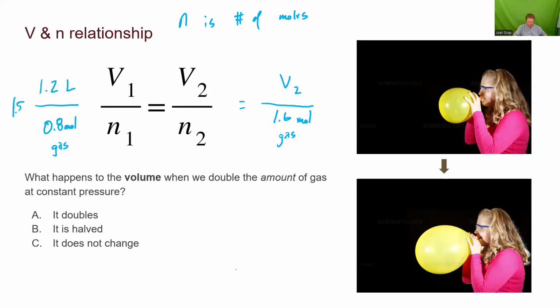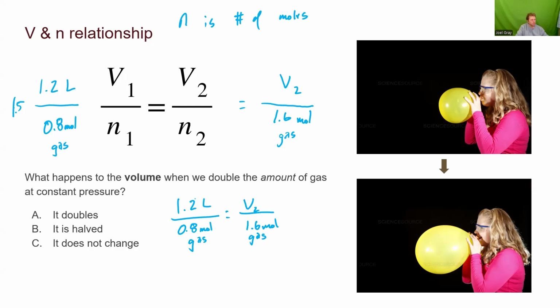So does everyone follow what I did there with the math? Let me actually rewrite this and give myself a little bit more space. 1.2 liters. This is, again, just the volume that I put together in my head. 0.8 moles of gas is equal to V2 over 1.6 moles of gas.